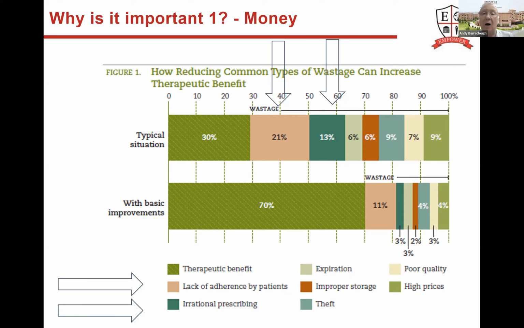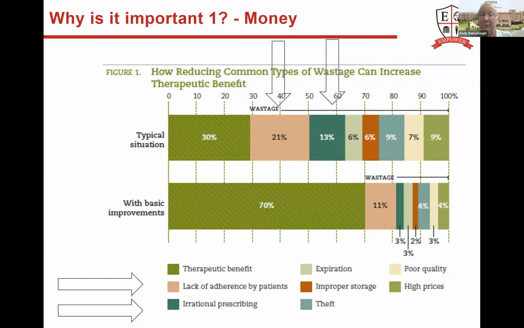So if I buy $100 of medicine, how much of it actually does any good? And in a typical situation, the answer is only about 30%, because some is lost through expiry, and some is lost through poor storage, and some is bad quality, and some I paid too high a price for it, so I wasted money.